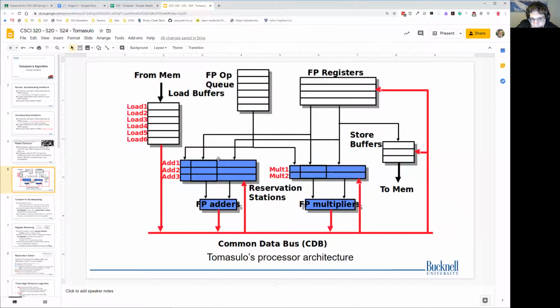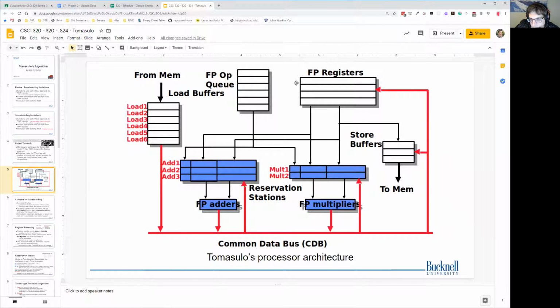And each type of unit has this reservation station. So it's basically a table that keeps track of the operands for that operation that are involved and which functional unit is actually assigned then to execute it.